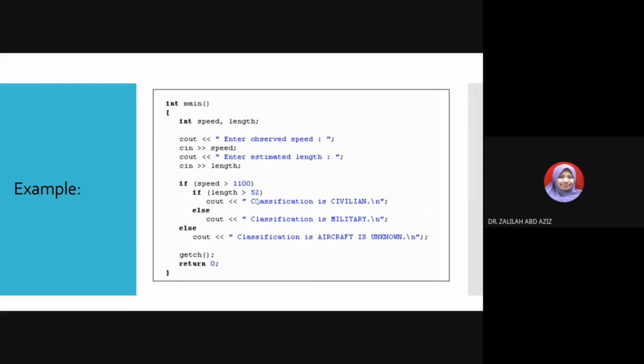If length greater than 52, so if this is yes, we will display classification is civilian, else classification is military. If speed greater than 1100 is false, then this else statement will be executed where the classification of aircraft is unknown. So I want you to try this example by giving a variety of values for speed and length.